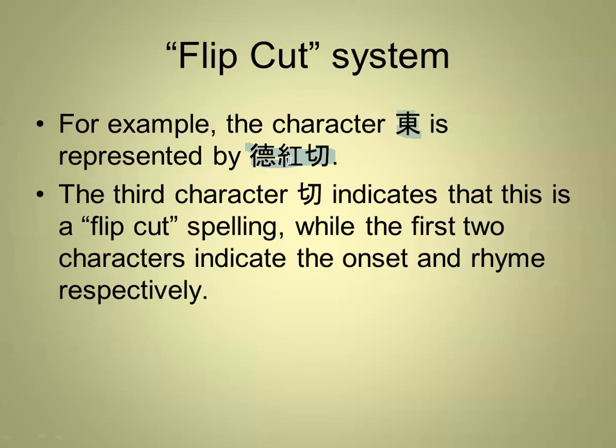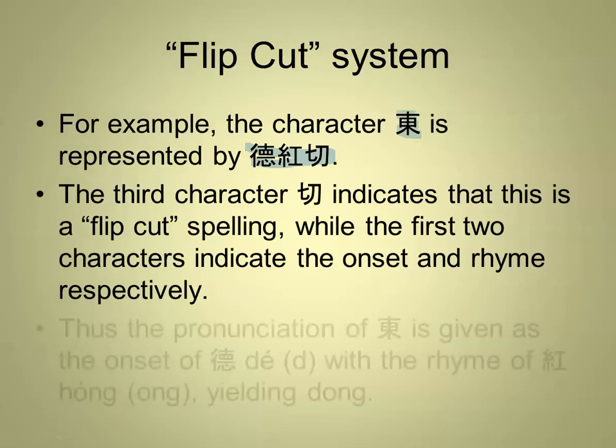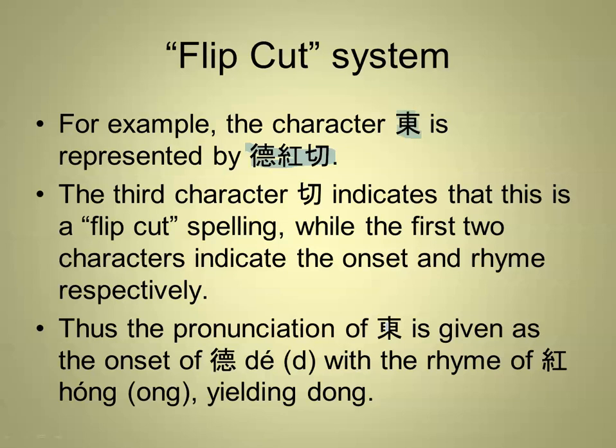And then you go to the second character and you cut off the rhyme of it. So in this case, this character is pronounced in Chinese dong. And so we take the d sound from this, which is pronounced de, and the rhyme from this, which is pronounced hong or ong, okay? And we end up with dong. In this case, dong, it has to be a first tone.